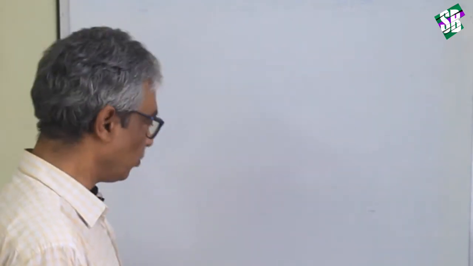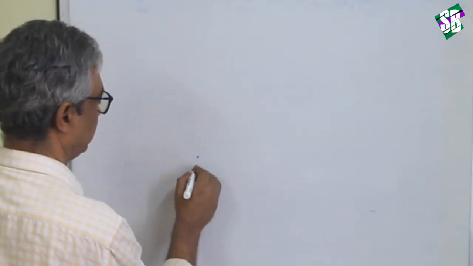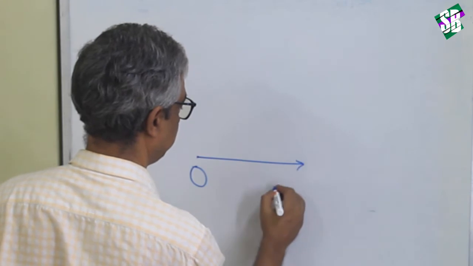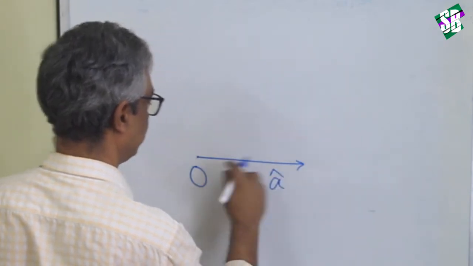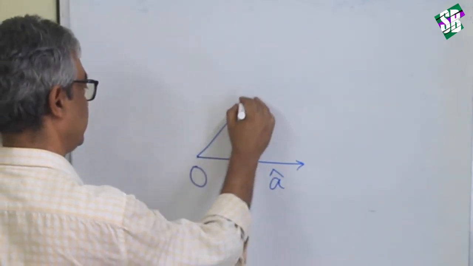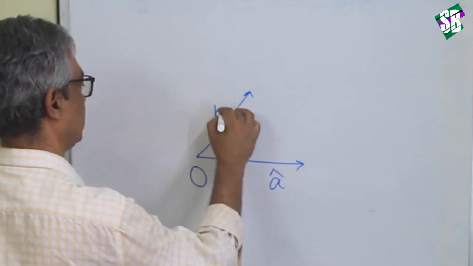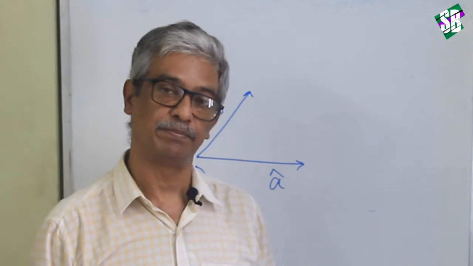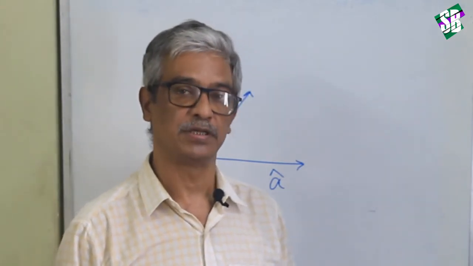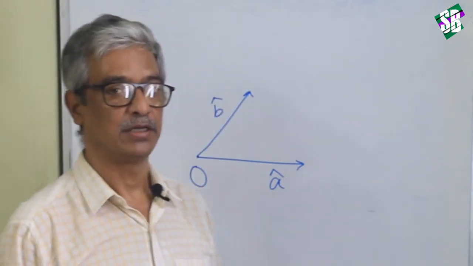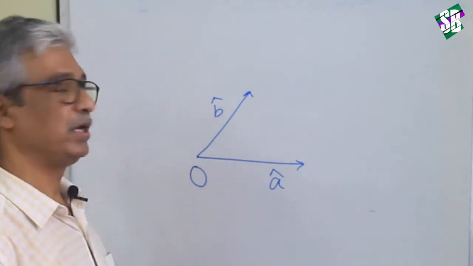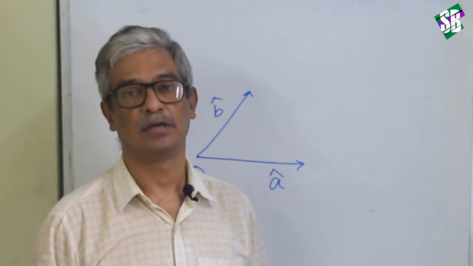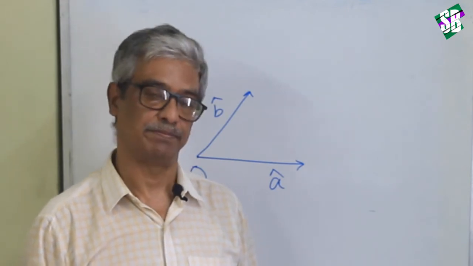Now you can always think the matter like this. This is the point O, this is a cap, and this is b cap. You can always shift a cap and b cap parallel to themselves in such a manner that the point O becomes the tail of a cap and b cap also.